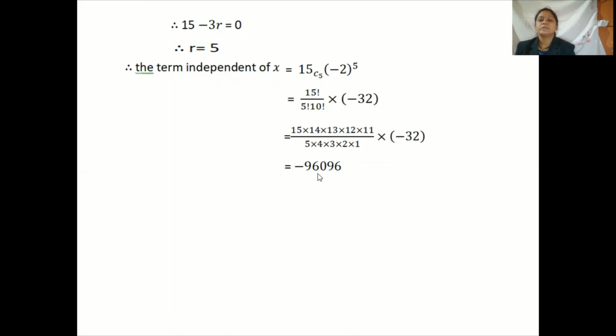What is the multiplication of all this? Minus 96096. Therefore, the term independent of x is minus 96096.